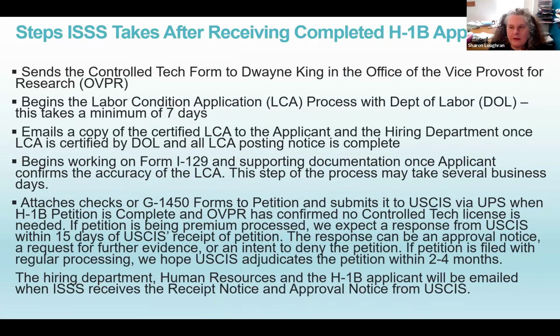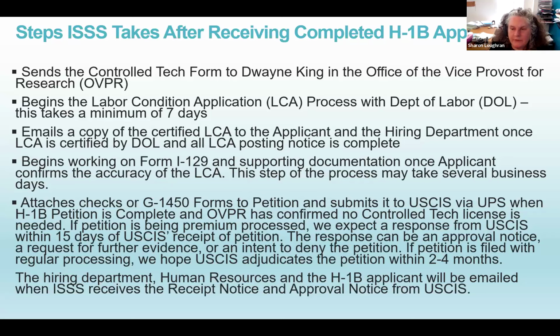So once I have a complete application, I send the control tech form to Dwayne in the Vice Provost office for research. Begin the labor LCA process. That takes at least 7 days. So be patient. There's nothing I can do about that. That's what it takes.